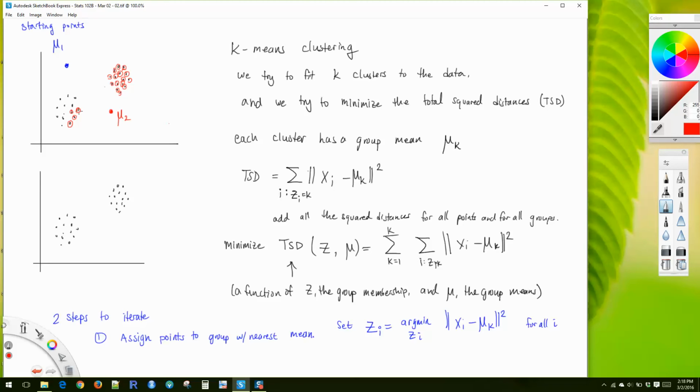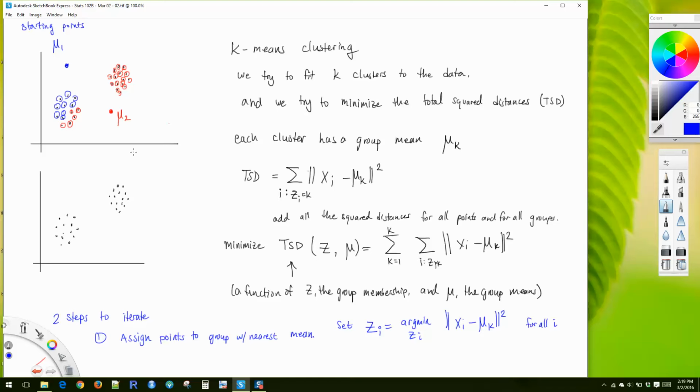It looks like these ones are closer to the red than to the blue, and these ones are closer to blue. It's hard to say. I think this is what we get at this point. I don't know if you guys agree with me or not. It doesn't really matter.